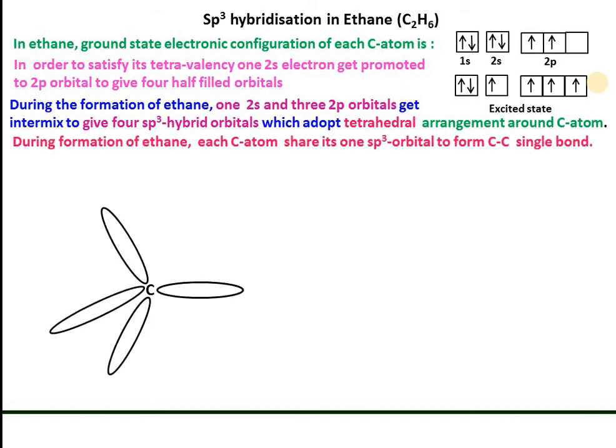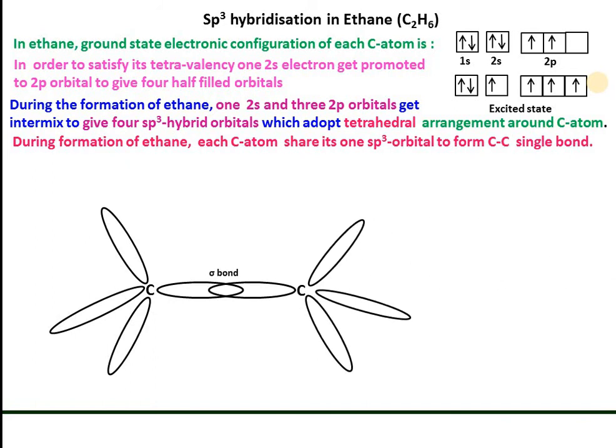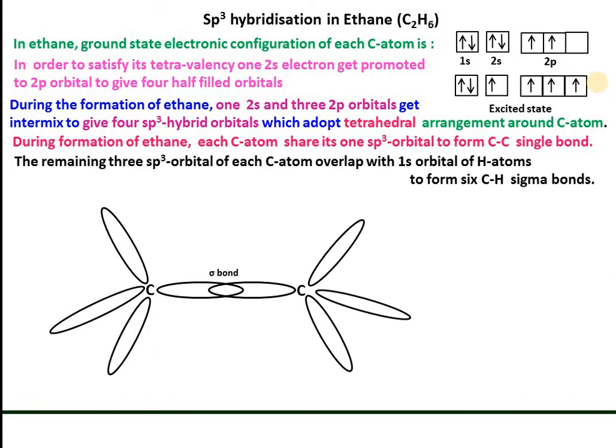And during the formation of ethane, because ethane contains 2 carbon atoms, both of these carbon atoms having the same hybridization will share one sp3 hybrid orbital with each other to form one carbon-carbon single bond, or carbon-carbon sigma bond, like this. And the remaining 3 sp3 hybrid orbitals on each carbon atom overlap with the 1s orbitals of 6 hydrogen atoms to form 6 C-H sigma bonds like this.